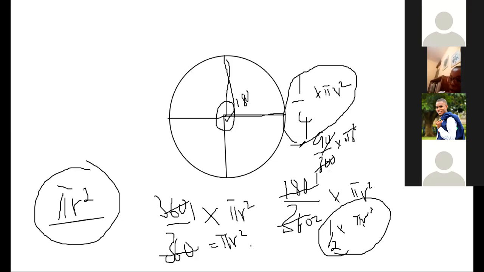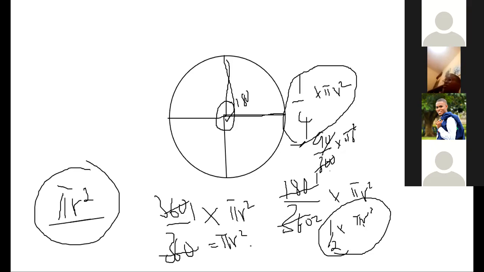Then you account for the differences in the circle, that is pi, and that will give you pi r squared. To get the area of a semicircle, it's half the area of a circle. So you get your pi r squared, you divide by 2. To get the area of a quadrant, it is what? 1 over 4 by pi r squared, which is a quarter of the circle.